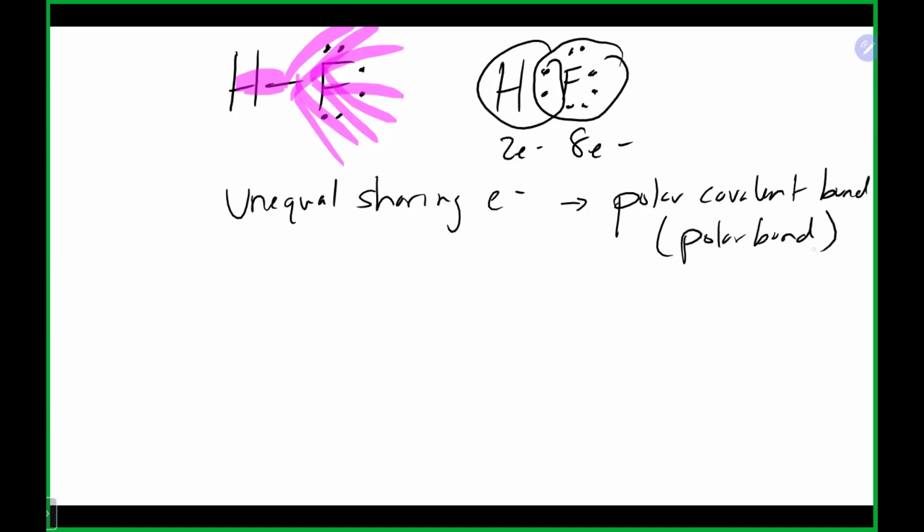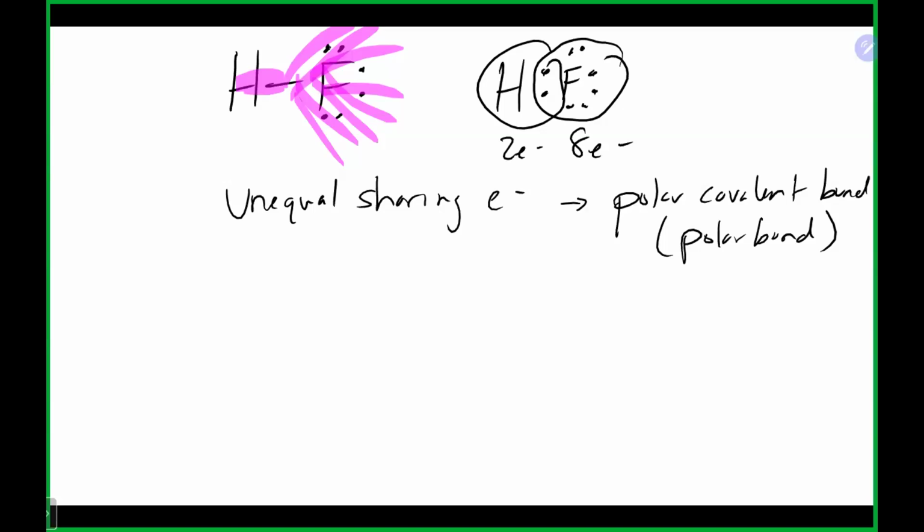So a polar bond results when you get two atoms that have differences in their electronegativity, and one of them will bring the electrons closer to itself because it is more electronegative than the other. The electrons will always go closer to the atom that is more electronegative. It's going to pull those electrons towards it.